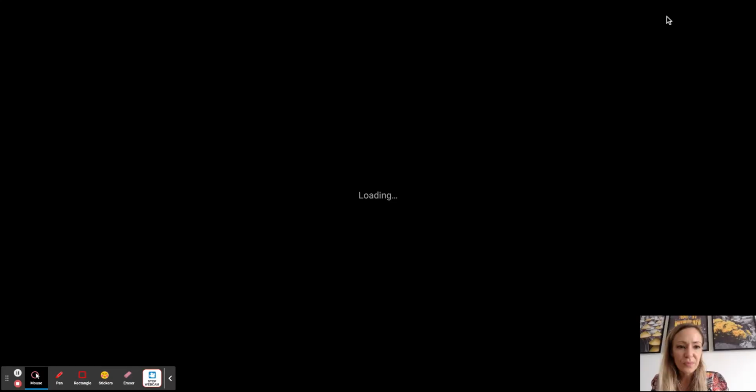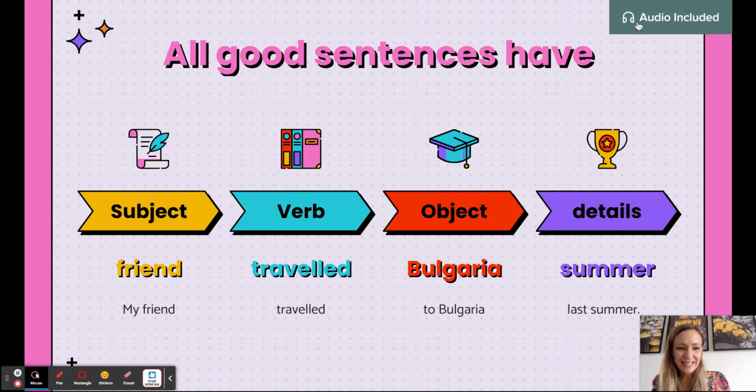Here we go. All sentences require these basic building blocks. So every good sentence must have a subject, which is a noun, the thing or the person who is doing an action. It must have a verb, that's the action word.